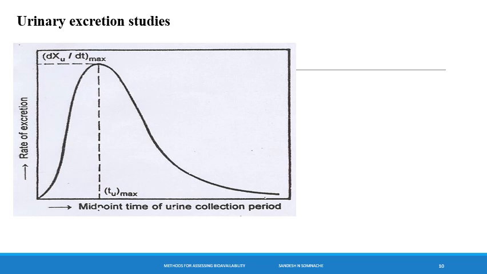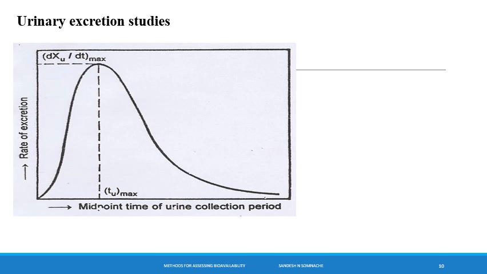Main advantage of this study is that removal or taking the blood sample is very difficult, and an analytical method for sampling of blood is required to be very sensitive. Compared to that, in urinary studies, it is easy to collect samples and easy to analyze, meaning less sensitive methods also can be used to analyze the urine sample.